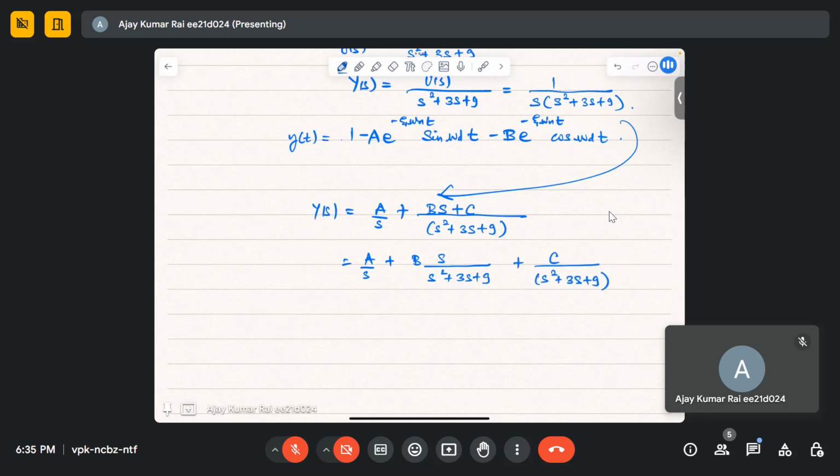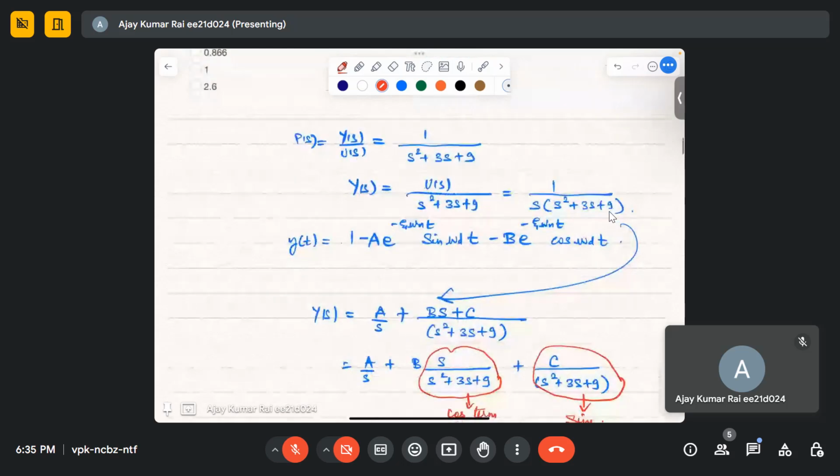Here you will get a cos term, and this you will get a sine term, so it will be in this form.